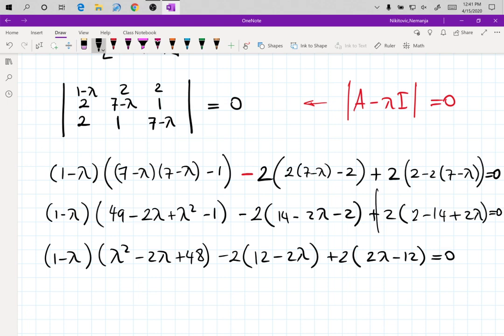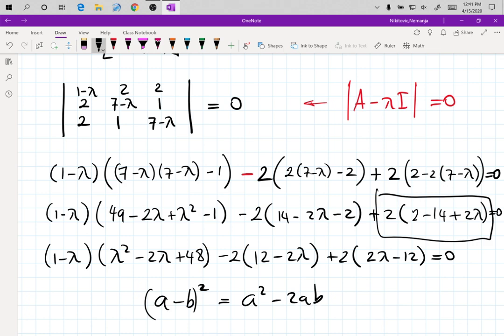Line 2 part 3, so I think you're talking about this term here. 2 negative 14 plus 2 lambda. 7 minus lambda, 7 minus lambda. Seven minus lambda is a minus b squared. The formula for that is a squared minus 2ab plus b squared.